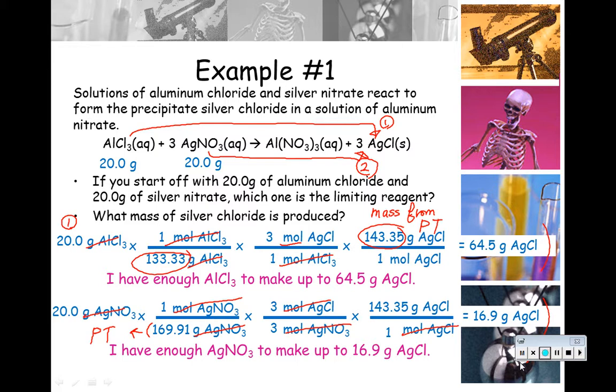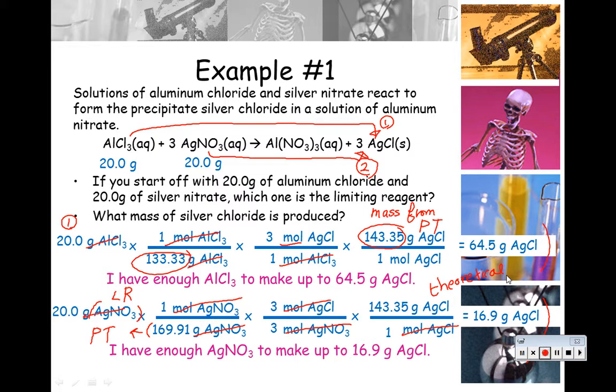So what that means is that AgNO3 is my limiting reactant, because it's smaller, and the amount of AgCl that I get using AgNO3 is my theoretical yield. Limiting reactant produces theoretical yield.